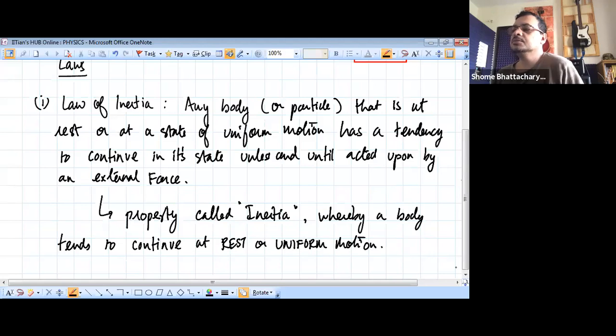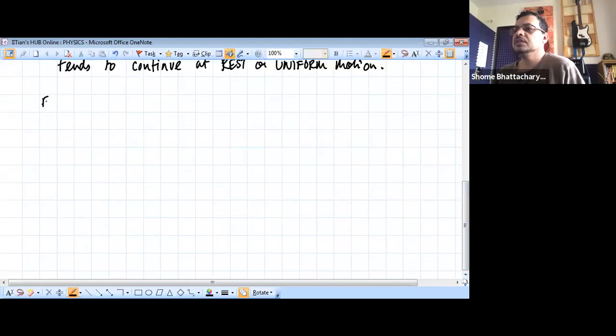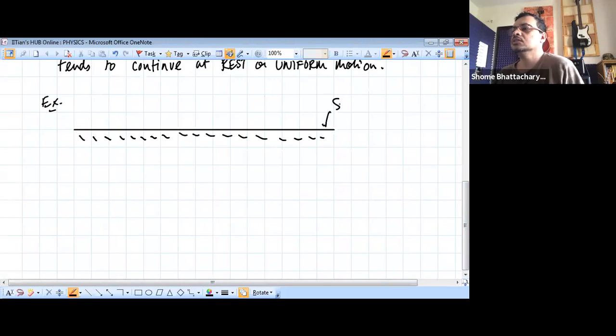So let us understand this property of a body with some examples. Take something very ordinary from everyday life, on a frictionless surface, or a smooth surface like a floor. We have a block which is lying at rest.